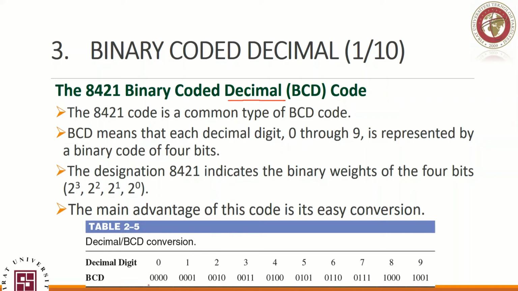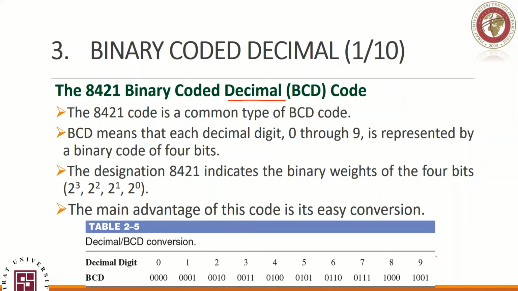Because if we want to represent each decimal digit by 4 digits, then we must go through those. They compose for you the possibilities from 0, 0, 0, 0, to 1, 1, 1, 1 in total, but we are not interested in going until 1, 1, 1, 1. No, we are interested until 9, which is 1, 0, 0, 1. The rest of the codes are invalid.